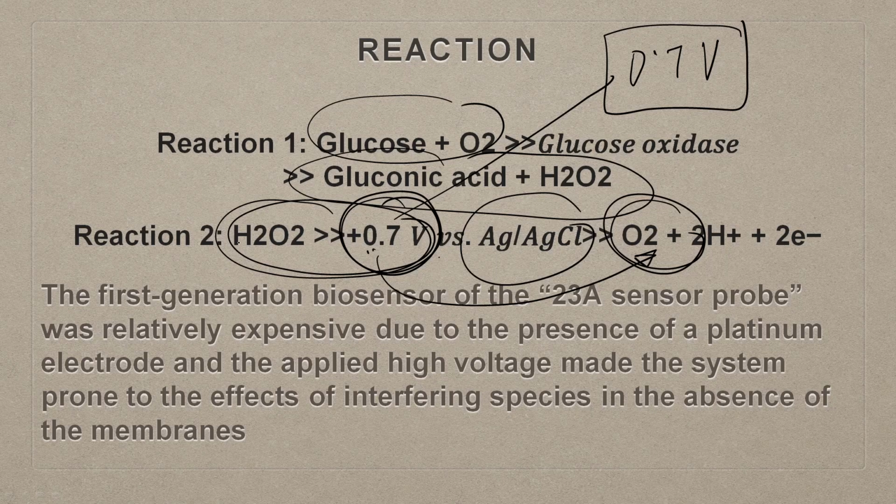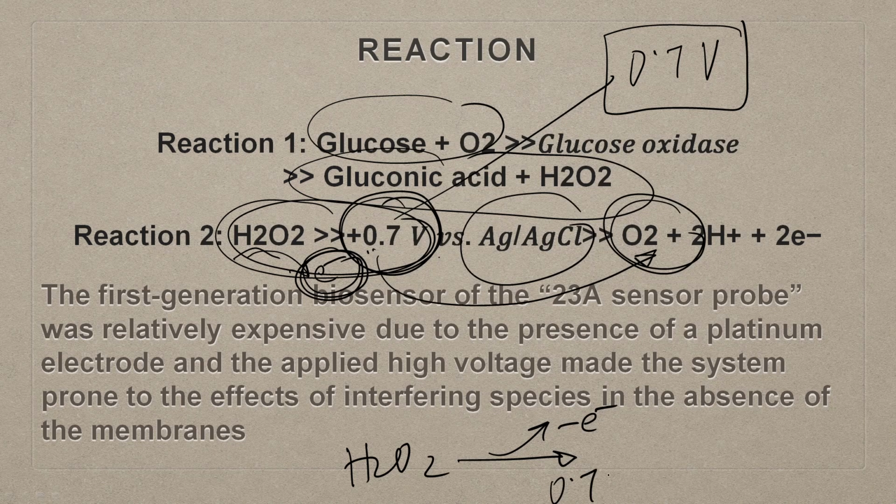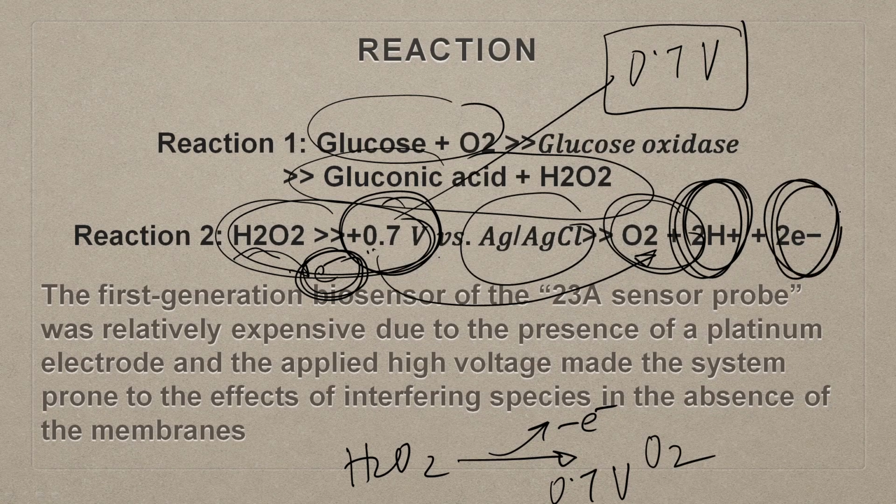You are essentially removing the electrons from it by giving an opposite charge. The electrons are getting attracted. So, when you are removing the electron from H2O2, when giving a potential of 0.7 volt, what you are getting is oxygen plus 2 protons and 2 electrons.